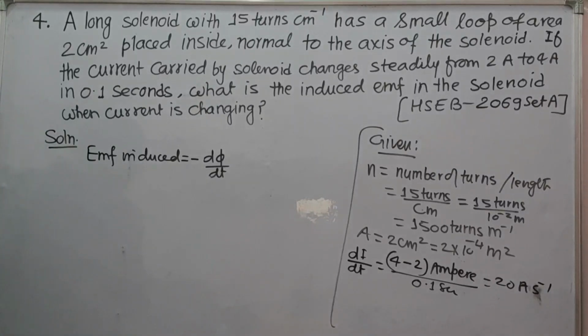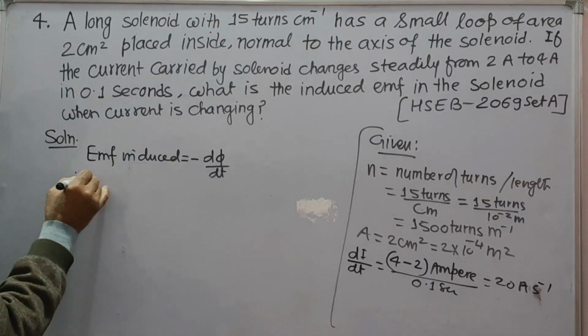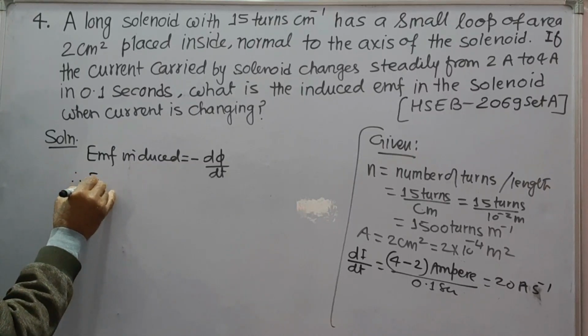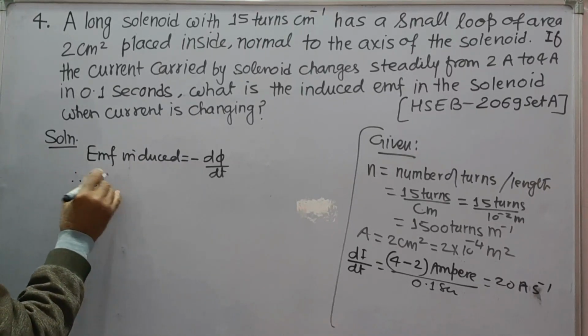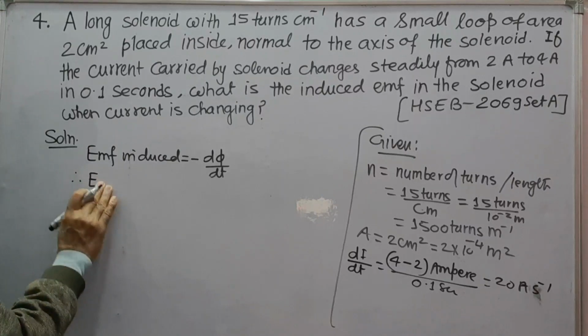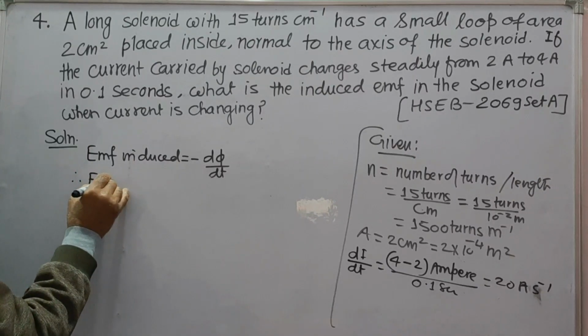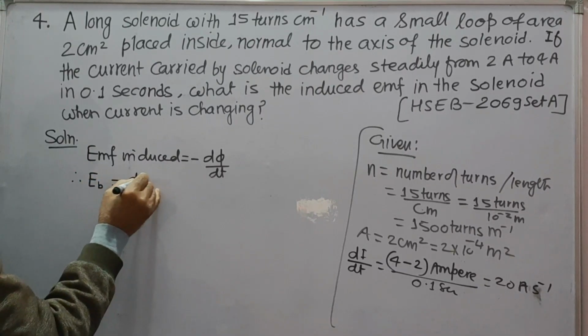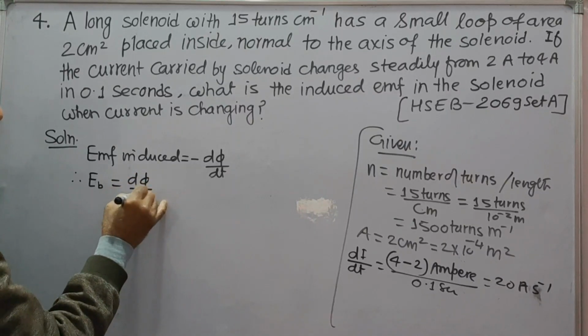Minus sign is due to Lenz's law, gives the direction of induced EMF. So, we can say magnitude E back is equal to d phi upon dt.